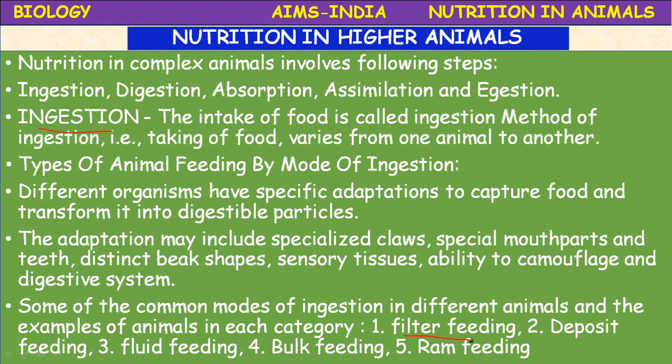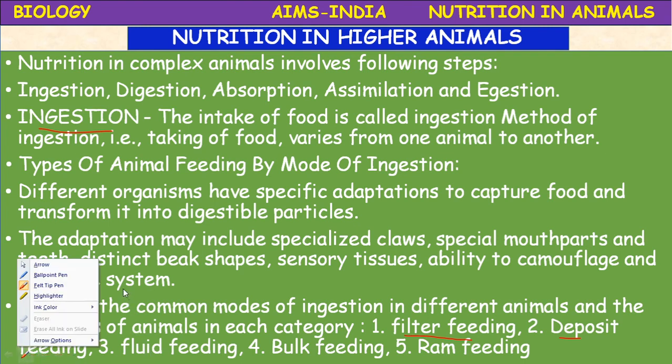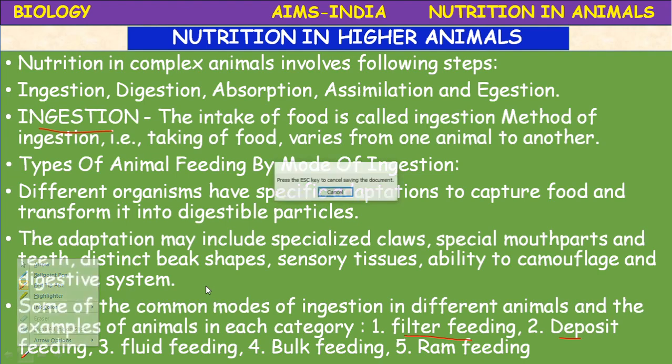Next, deposit feeding. The second method is deposit feeding. The deposit mode of feeding refers to a situation whereby an organism, either aquatic or dryland creatures, feeds on minute specks of organic deposits that have been drifted by water.